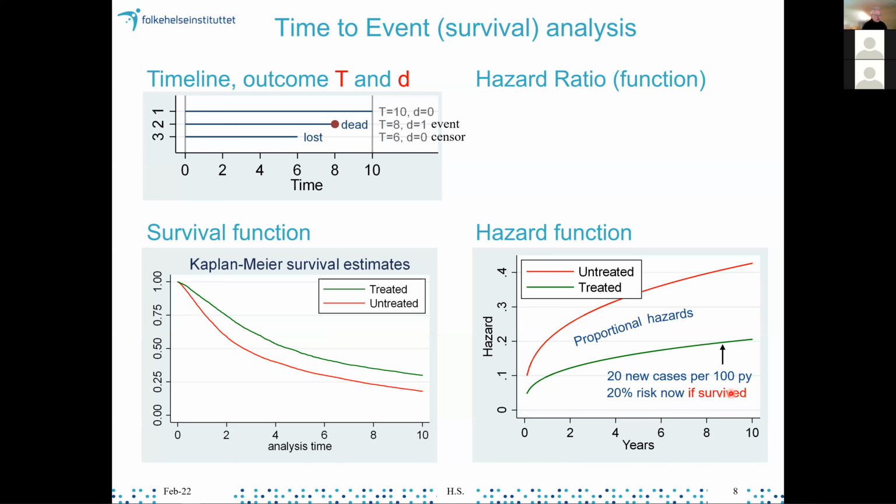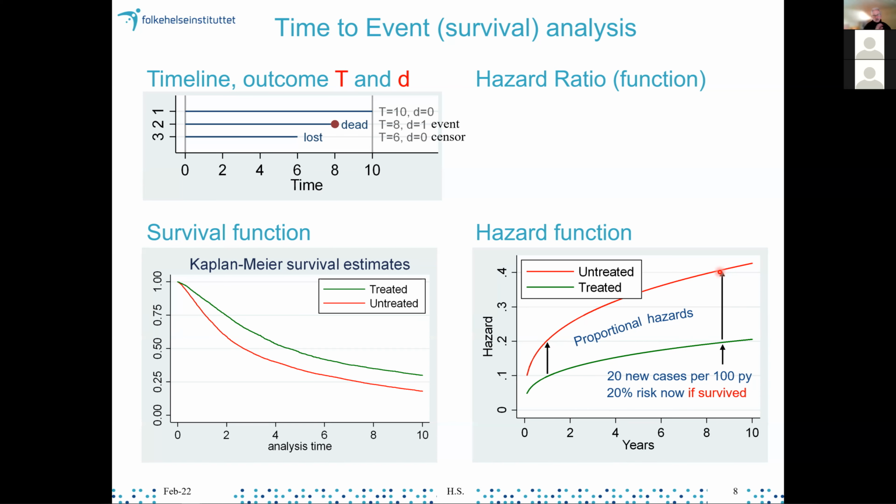Now, this plot shows proportional hazards. And by that, we mean that if you take, say, the green one divided by the red one, 0.1 divided by 0.2, you get a value of a half. But if you do the same comparison over here, you take 0.2 divided by 0.4, you also get a value of a half.